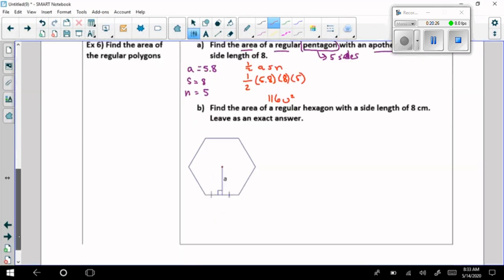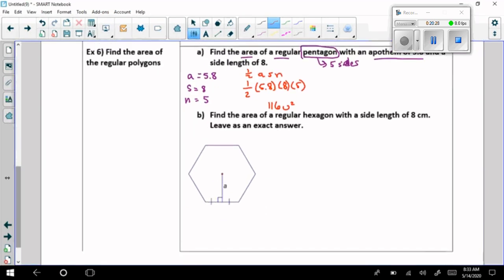All right, so the longer ones, though, you have to use some trig. So looking back at your unit 7, when we did some right triangle trig, you have to do that here. So we have a hexagon, which is 6 sides, and we know the side length is 8, but we don't know the length of the apothem, and so we have to find that.